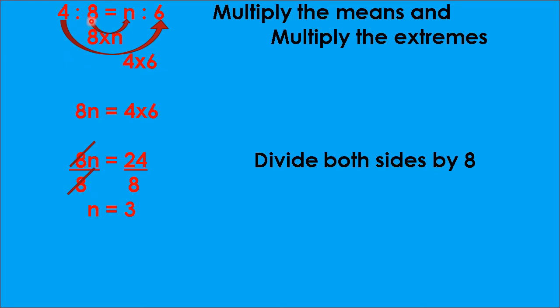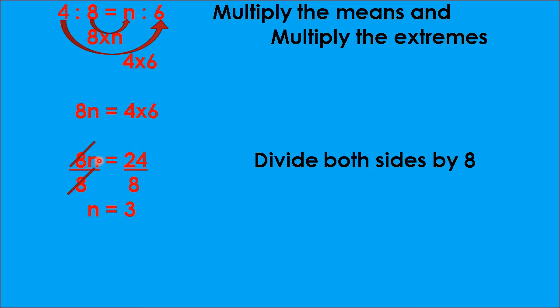So 8 times n is equal to 8n, equal to 4 times 6. Now we are going to divide both sides by 8. So 8n divided by 8 is equal to 24 divided by 8.